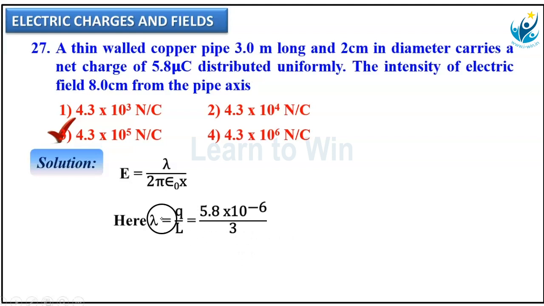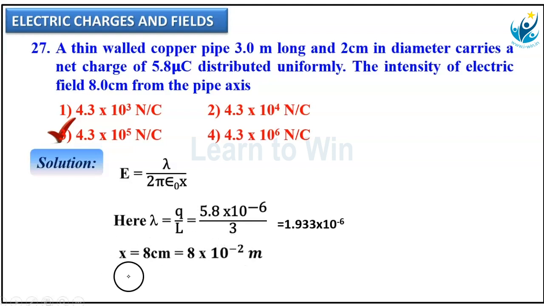In further simplification, the value of lambda is 1.933 into 10 power minus 6. And x, at what distance we are going to find the electric field intensity? 8 centimeter. Centimeter converts into meter by multiplying 8 with 10 power minus 2. So this is the x value.